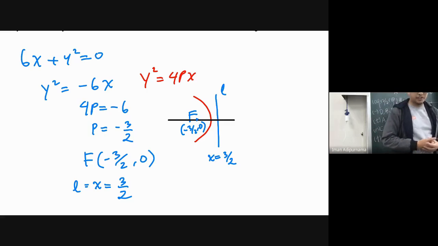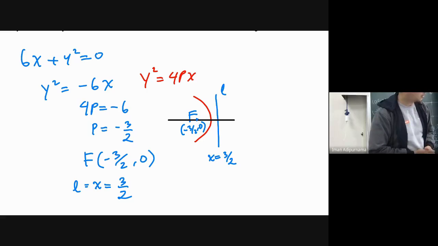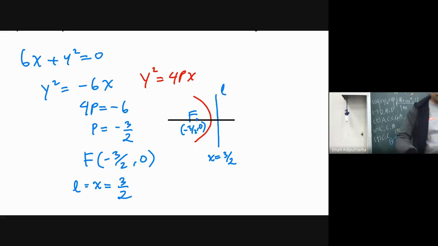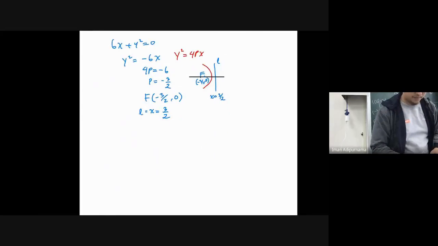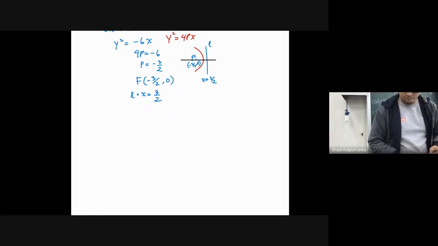Okay, some additional notes regarding the parabola. There is a term called the focal diameter. Let me draw the other graphs. Let me draw here. I will draw bigger.